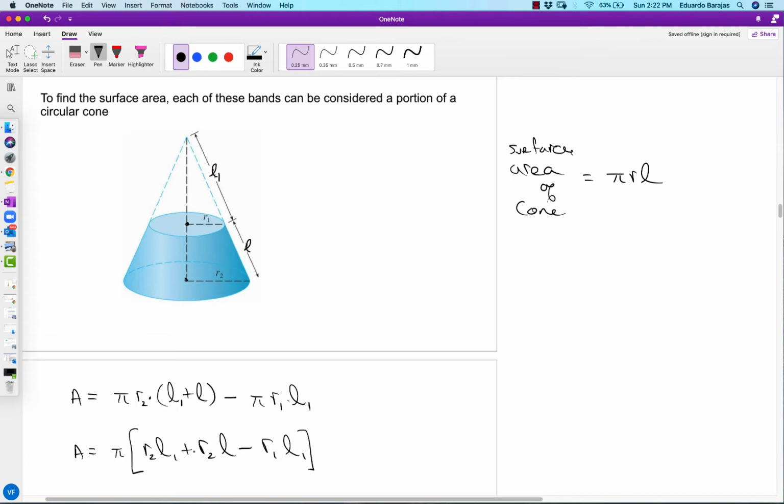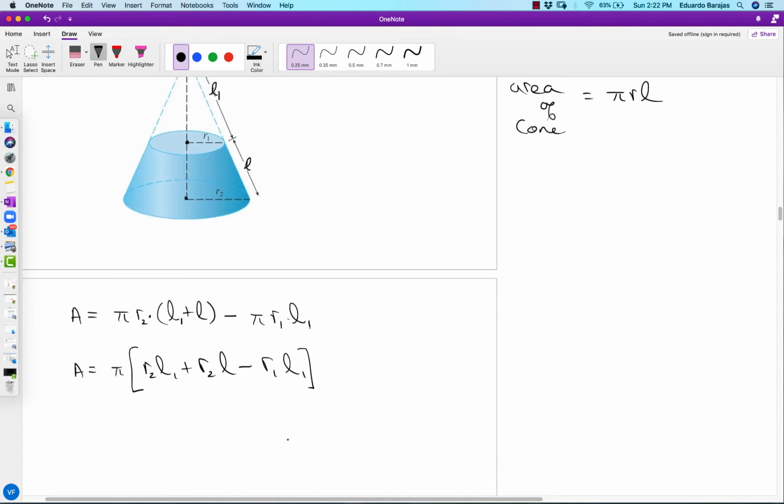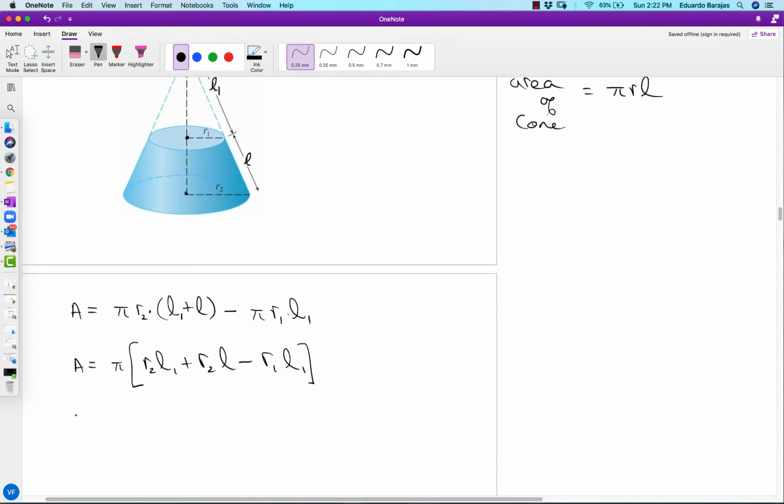And now bringing these together, we get that A is equal to pi, giant bracket, R sub 2 minus R sub 1, factoring out an L sub 1, and then plus R sub 2 L.